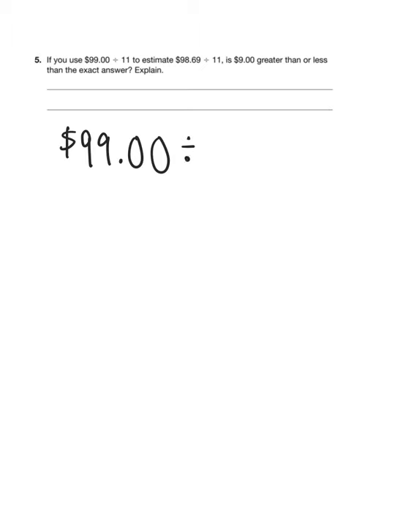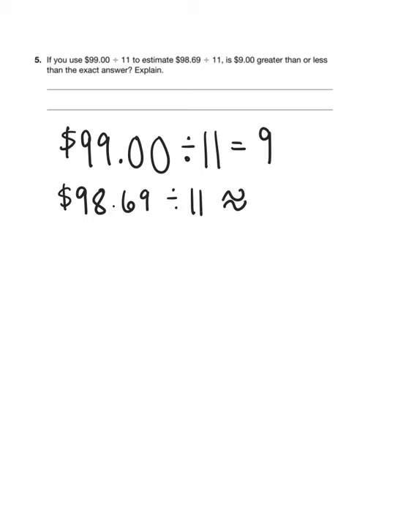So I'm going to start with $99 divided by 11. And I know that 99 divided by 11 is 9. That part's easy to do. And if I use this fact to help me estimate, $98.69 divided by 11 is going to be approximately $9.